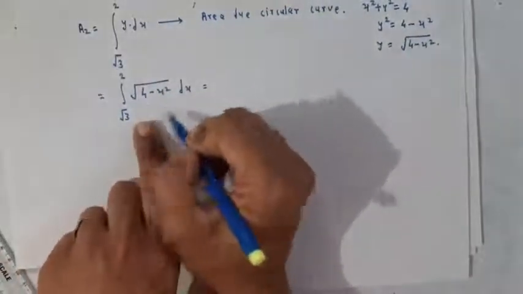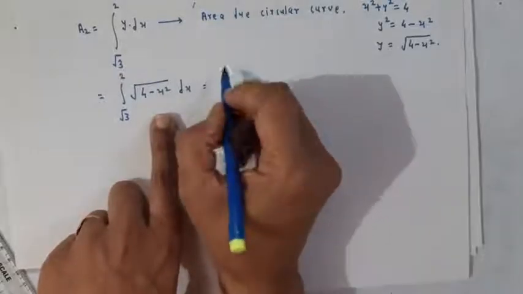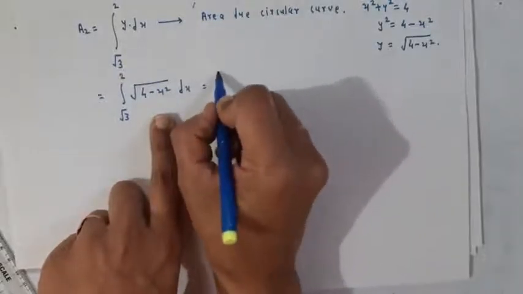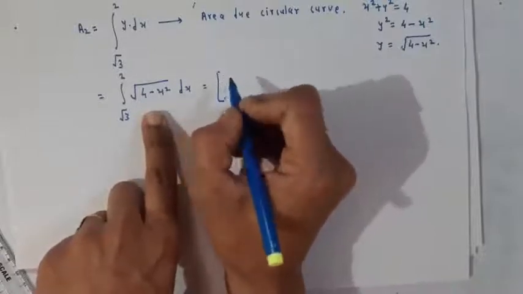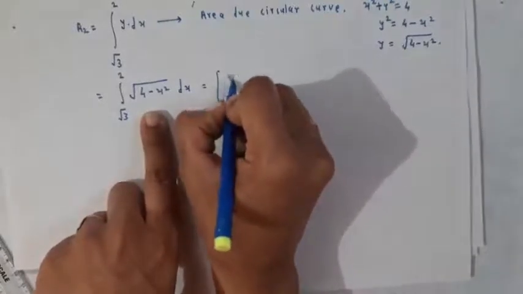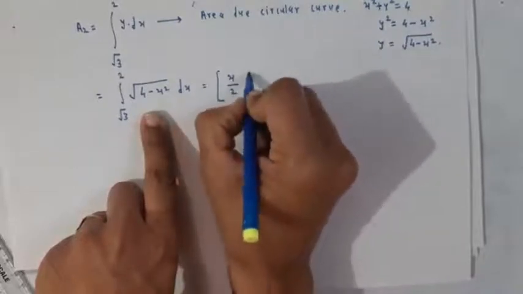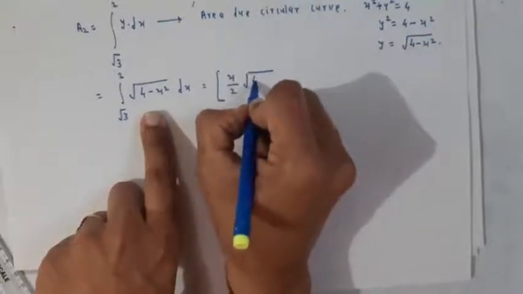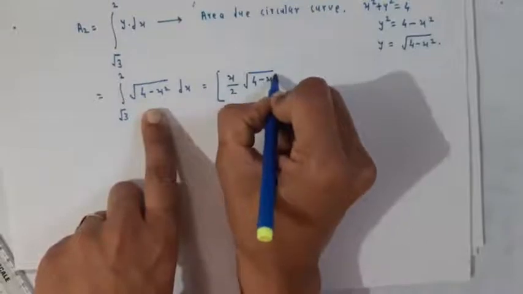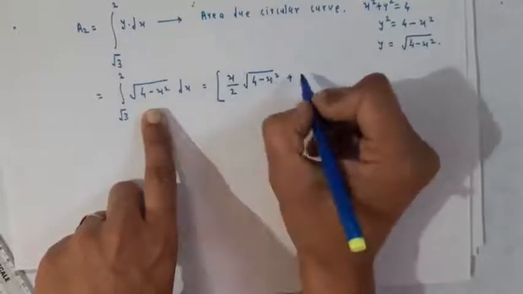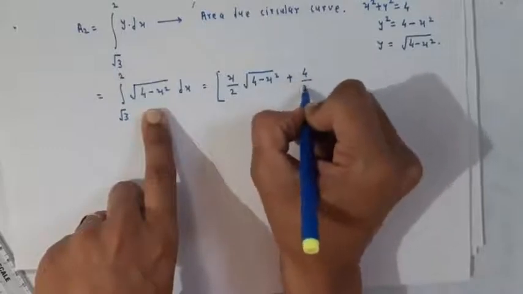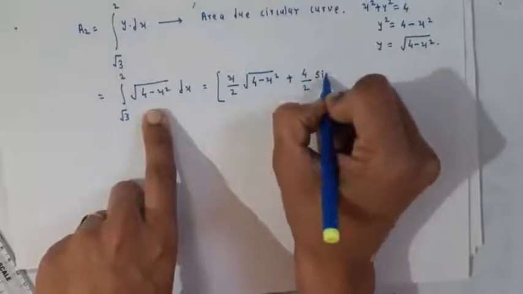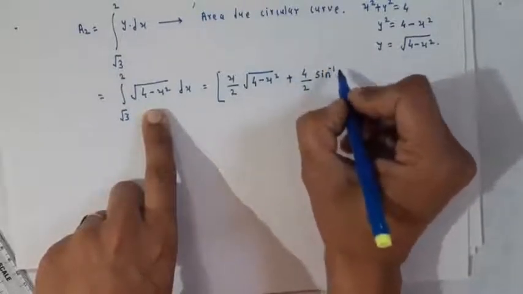Again, by using the square root of a square minus x square formula, its integration is x by 2 square root of a square minus x square, where a square is 4, plus a square by 2, that is 4 by 2, sine inverse of x upon a.